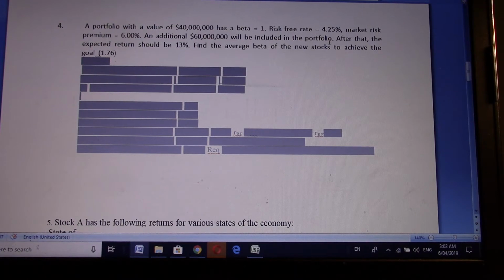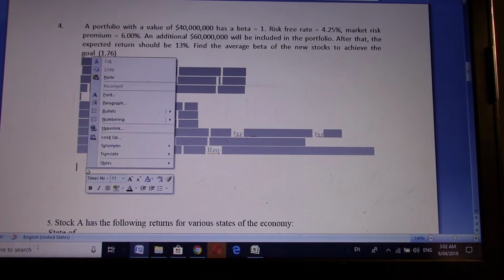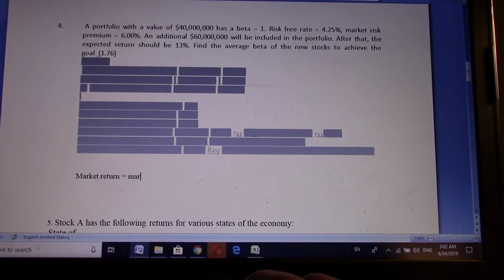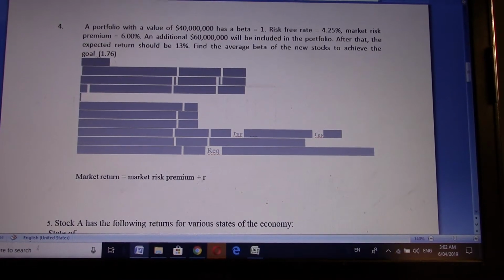The risk-free rate is 4.25%. The market risk premium is 6%. So you can see market return equals market risk premium plus risk-free rate.